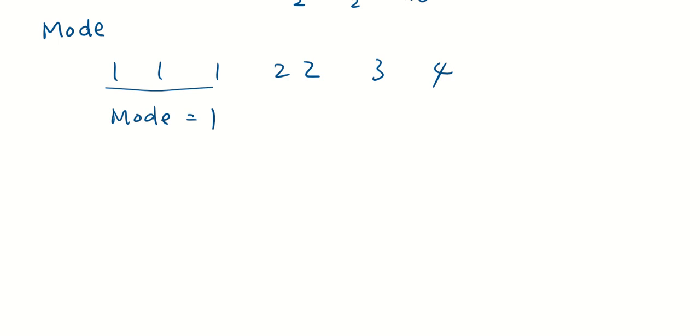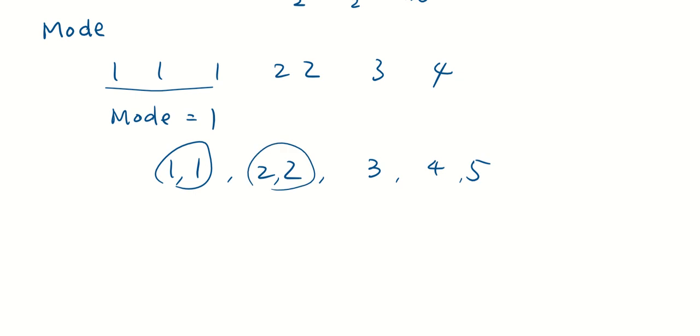Okay. So what if I have a set of data that goes like 1, 1, 2, 2, 3, 4, 5, for example. So for this data set, there are 2 numbers with the highest frequency, which are 1 and 2. Right? So here we have 2 modes.